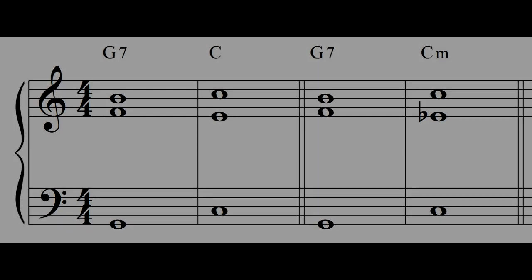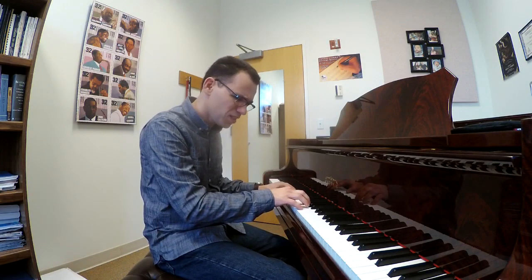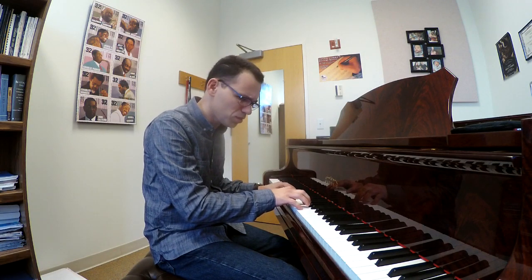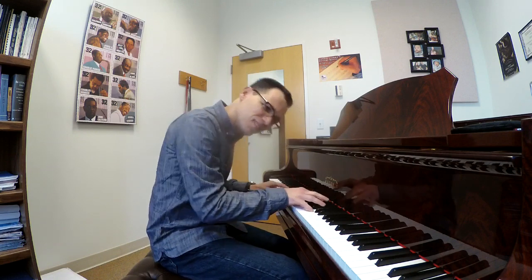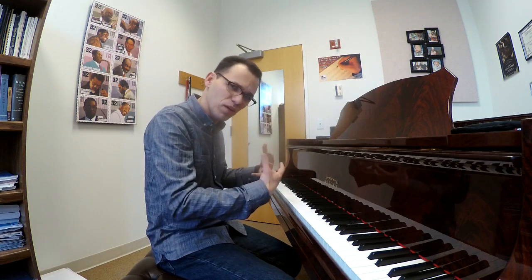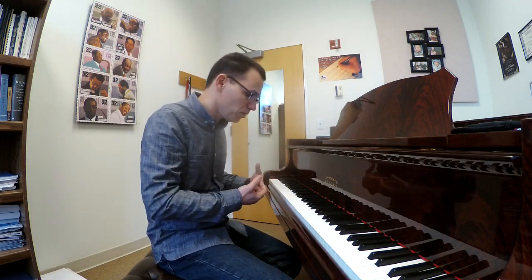Now a half diminished chord will give you a strange resolution that is not really a resolution. It will be this. So if I try to resolve the G7, the dominant chord, into a half diminished chord, that doesn't resolve the tension that I had. So we do not use a dominant chord going to the 7th of the scale.